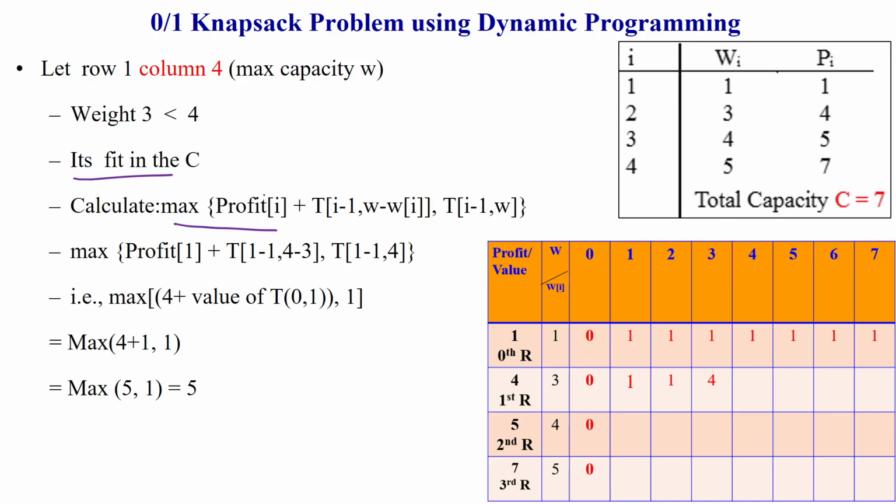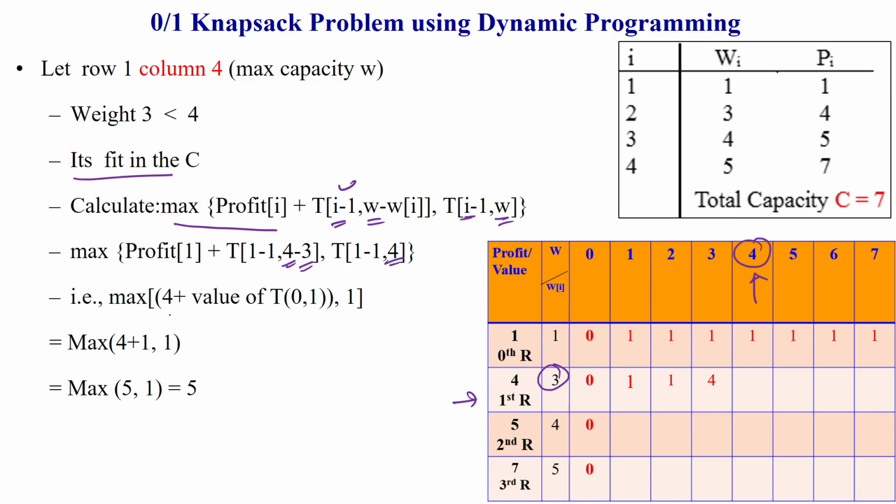Maximum of profit of I plus T of I minus 1, that means the current row minus 1, then the maximum weight of that column, which is 4, minus W of I, the ith product's weight, which is 3.